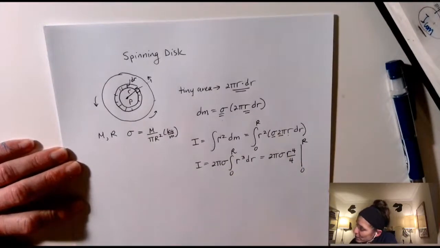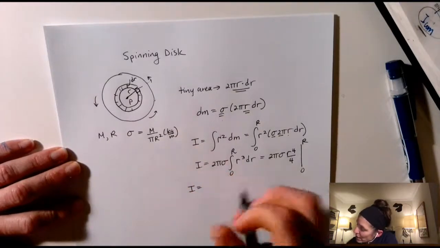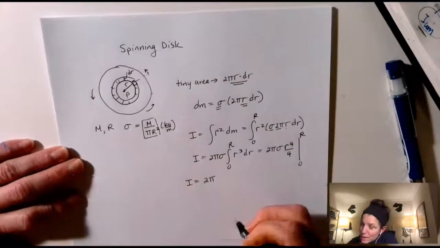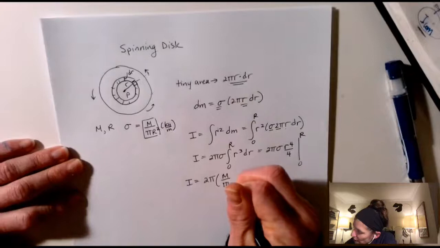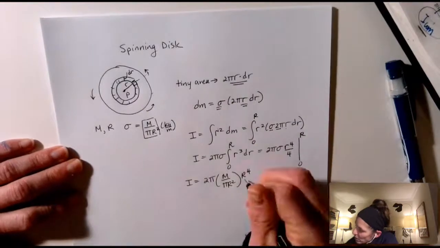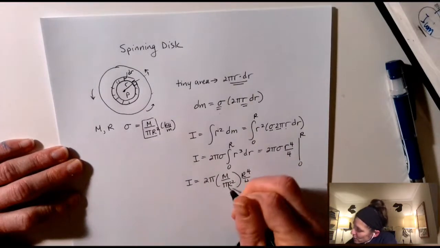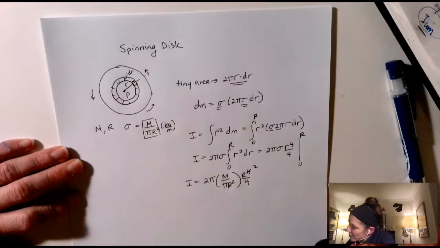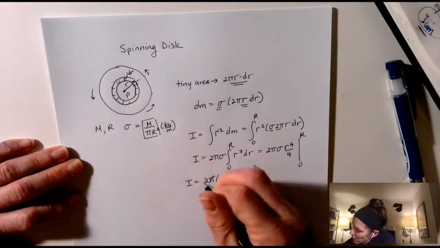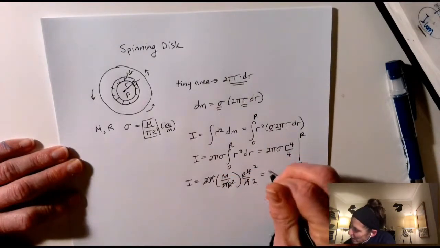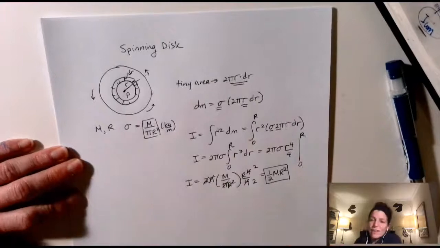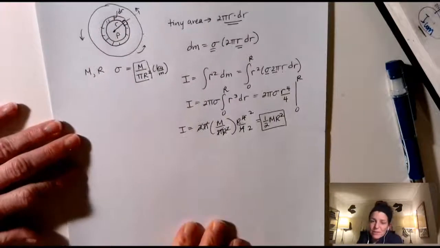So my moment of inertia is 2 pi, and for sigma I'm going to put in M over pi r squared, times r to the fourth over 4. Let's simplify. r squared makes this r squared. Pi cancels pi, and 2 cancels 4, and I get 1/2 m r squared, which is the known value for the moment of inertia around the center of a spinning disk.